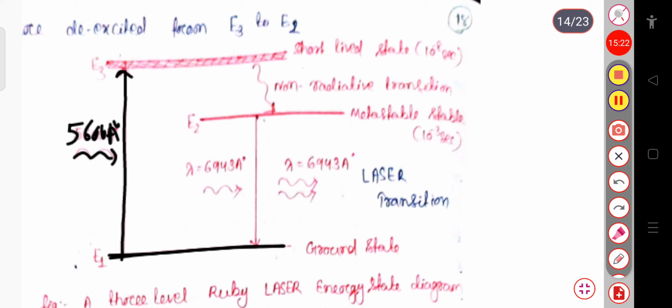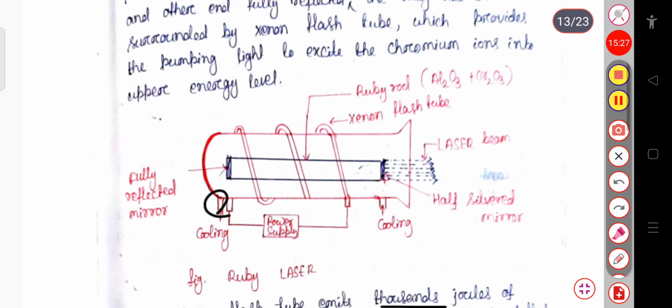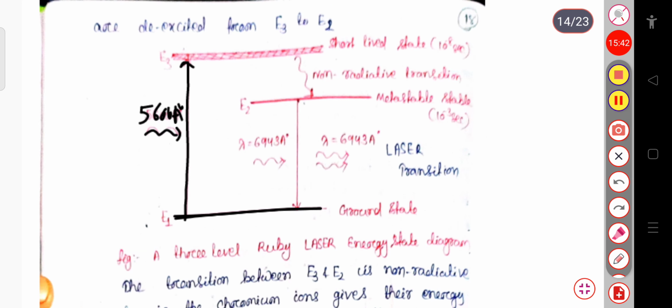This is the method of optical pumping, because when this xenon flash tube gets heated, it emits thousands of joules of energy, but only a small amount of energy is used by the chromium ions. By absorbing a certain amount of energy, the chromium ion goes to the upper state, suppose the E3 state. And this is called the optical pumping transition.